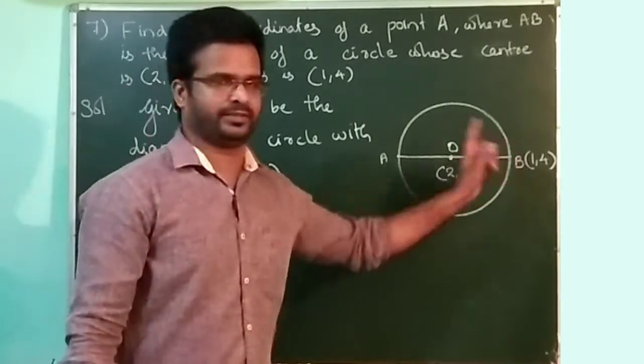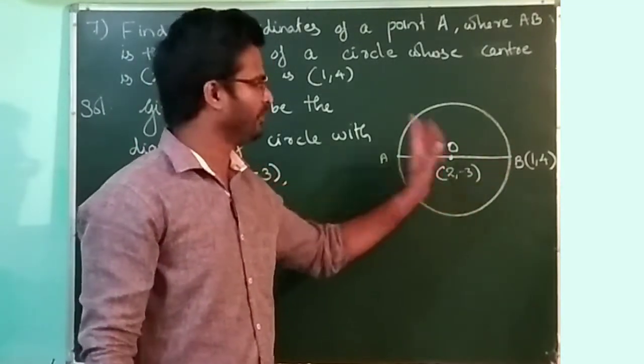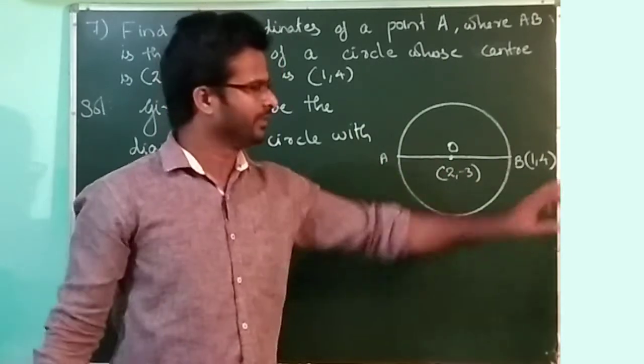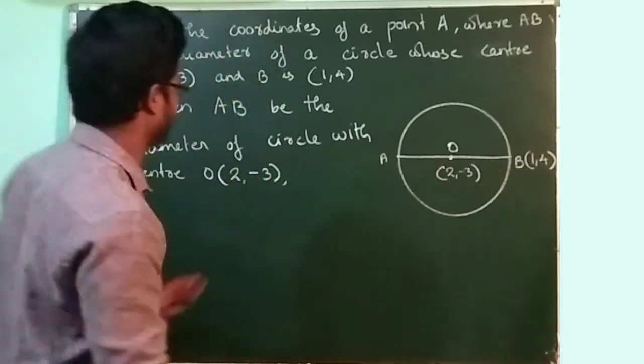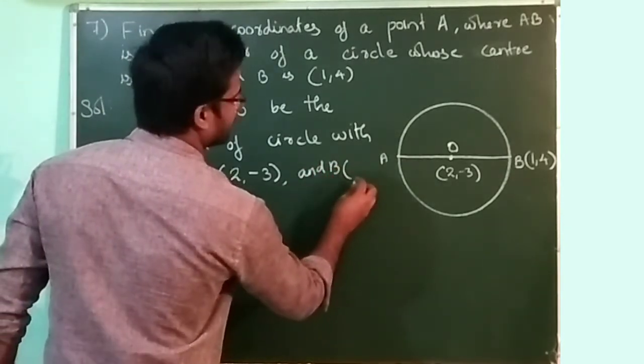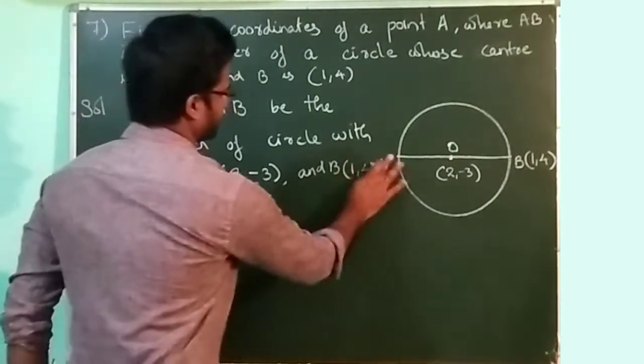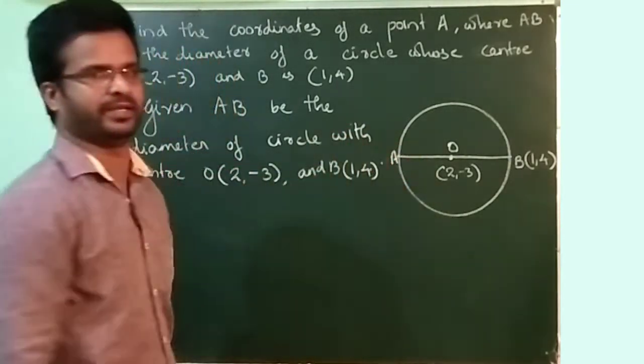Already AB is the diameter of the circle, O is the center given. Then B is also given, B (1, 4). Now what do we need? A we need, isn't it?